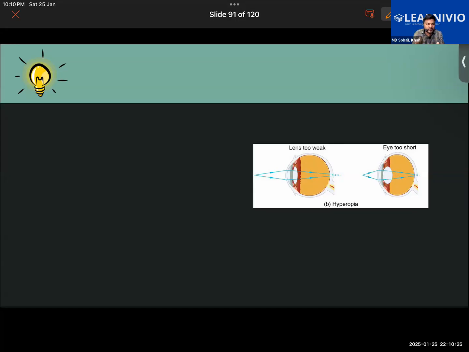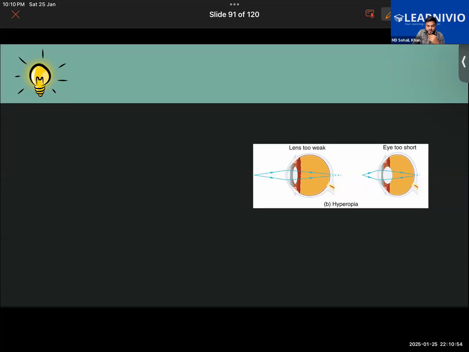It will not be able to focus the rays of light onto the retina. Or the eyeball can become too short, and in this condition, the person will not be able to look at objects that are kept nearby.